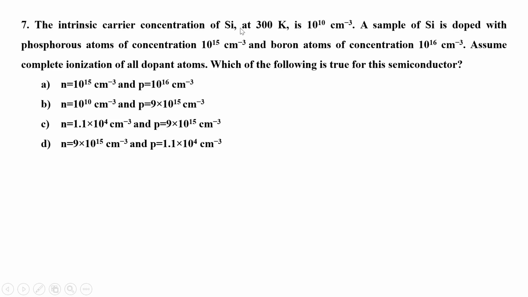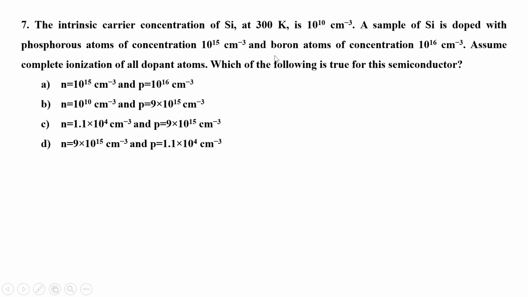Intrinsic carrier concentration of silicon at 300 Kelvin is 10 to the power 10, that is, Ni is given as 10 to the power 10. A sample of silicon is doped with phosphorus atoms of concentration 10 to the power 15, and boron atoms of concentration 10 to the power 16. Assume complete ionization. Which of the following is true? You have to find out n and p, that is the number of electrons and the number of holes in the material.